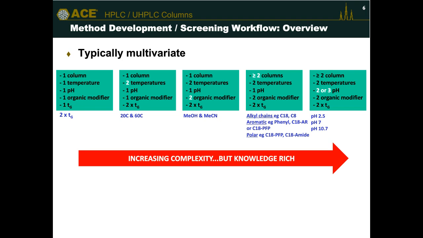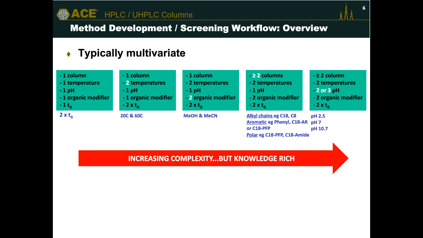Now, if that first scouting gradient run hasn't given us the separation we're interested in, what do we do next? You can see underneath that first box, I have 2 times Tg. So if that initial gradient analysis doesn't work, normally people will try a different gradient. They might try an isocratic hold, they might try a different gradient slope, something that might tease apart the peaks in their samples in their chromatogram.